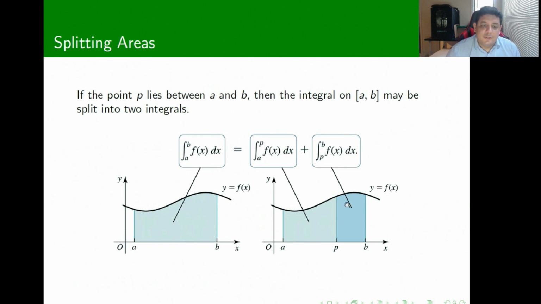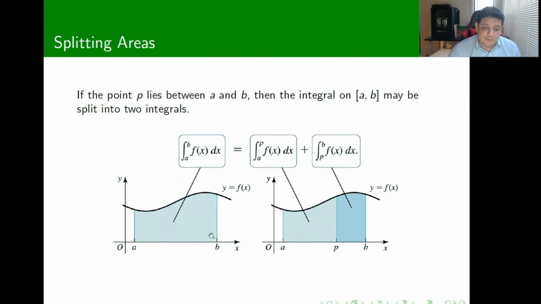Now let's talk about splitting areas. If we have a point P that lies between A and B on the interval, then the integral from A to B can be split into integrals. That's a natural consequence of area.